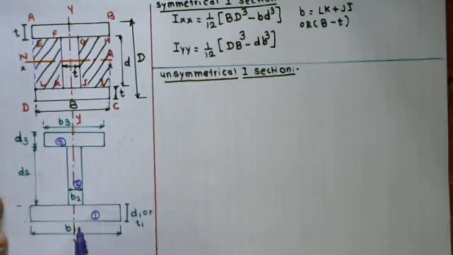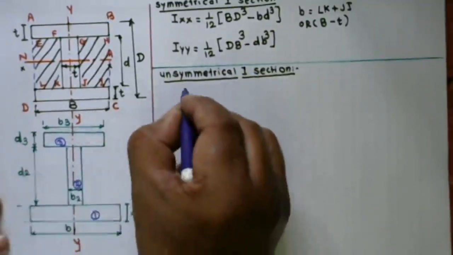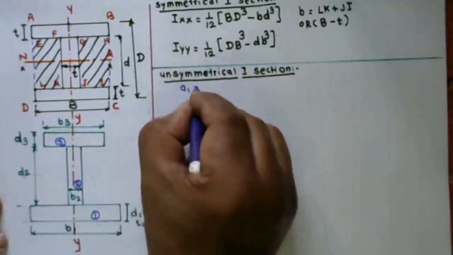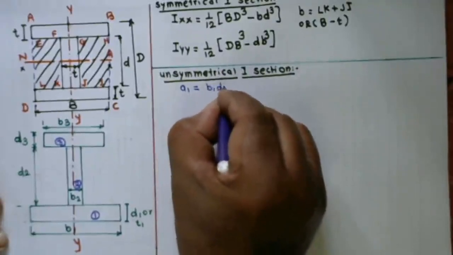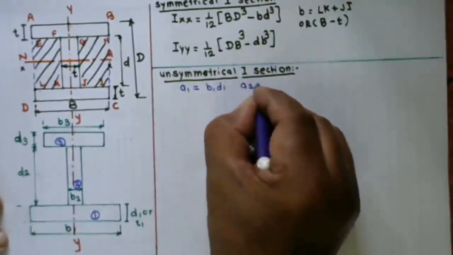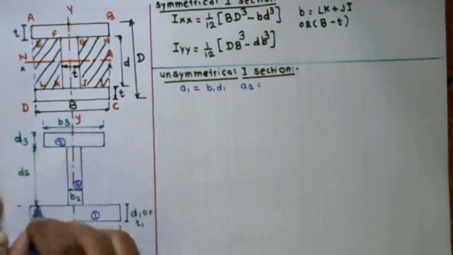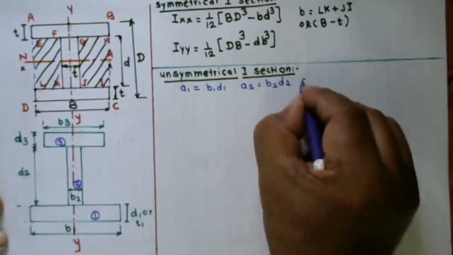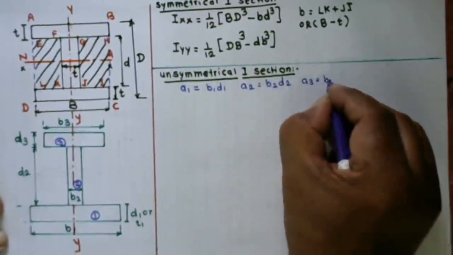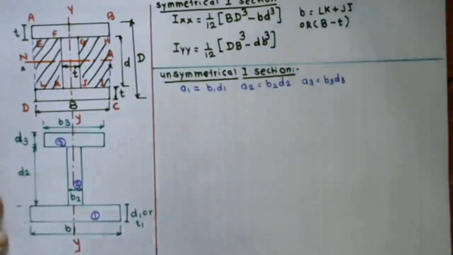First we take the first section, second section, third section. We calculate the area A1, which is B1 into D1; A2 is B2 into D2; A3 is B3 into D3. It is a simple calculation to find the area of rectangles.